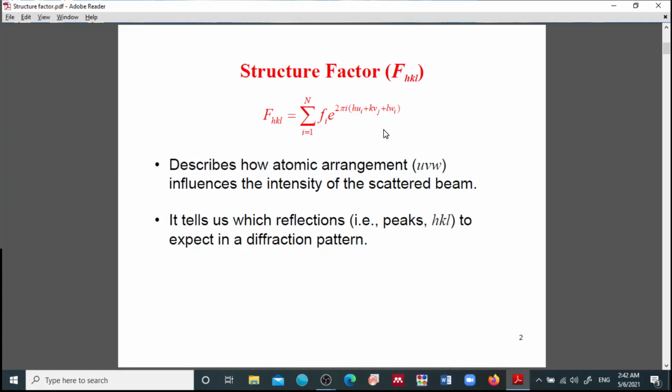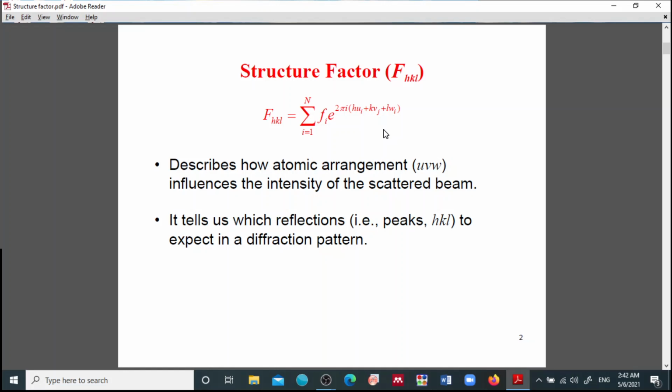So where does it stem from? This question is very important. Basically, when a beam of electrons or X-rays or neutrons impinges upon a crystal lattice, then not all crystallographic planes take part in the diffraction. You remember this.